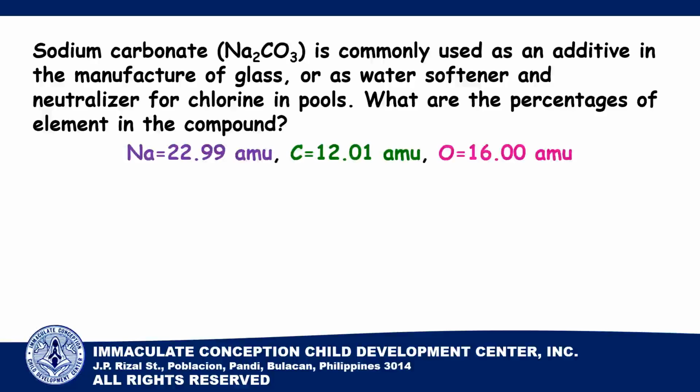First, let's identify the atomic masses of each element. For sodium, it is 22.99 AMU. For carbon, it is 12.01 AMU. And for oxygen, it is 16.00 AMU.